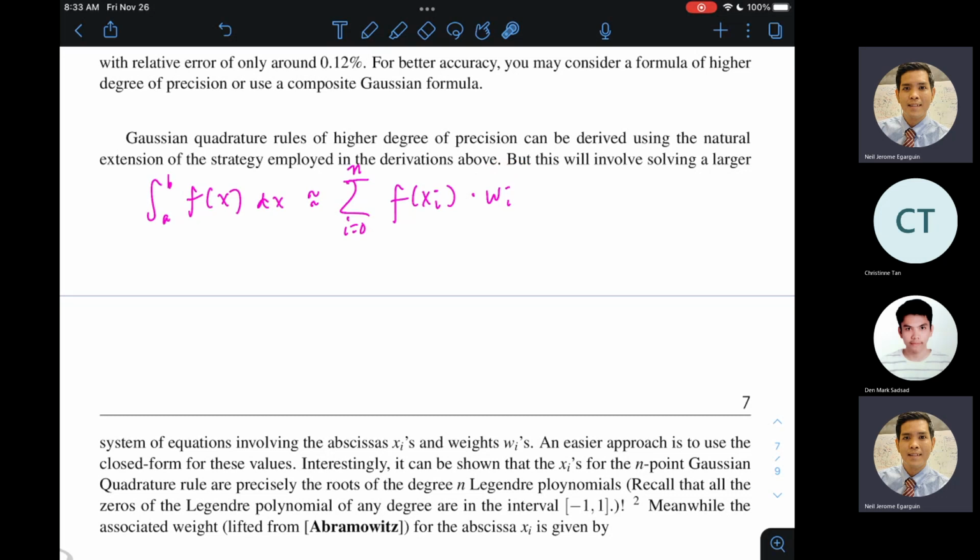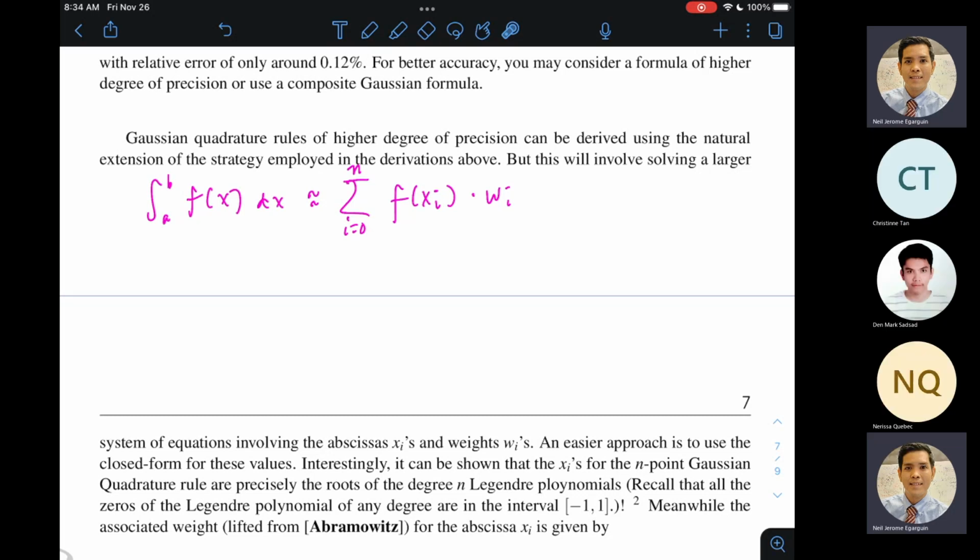Ibig sabihin, ang idea lang pala doon ay pinapalitan natin yung integrand by the interpolating polynomial, because polynomials are easier to integrate, and their integrals are also polynomials, so function evaluation is not a big hassle, right?